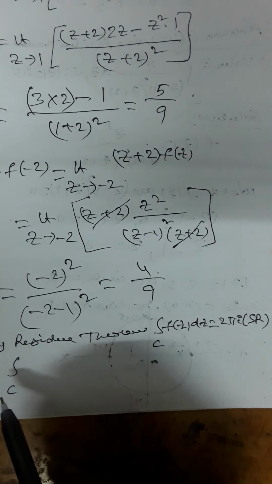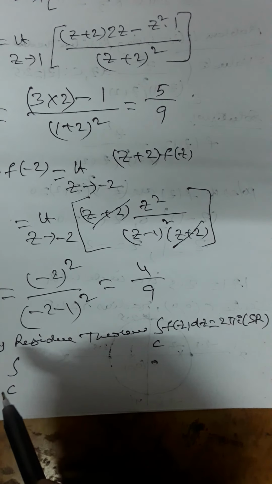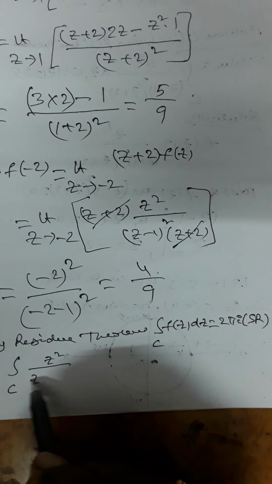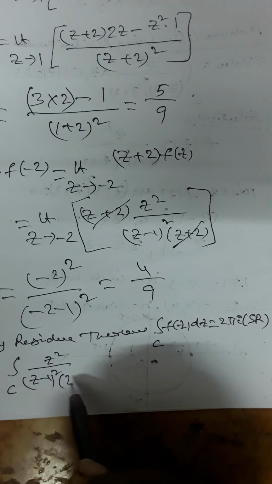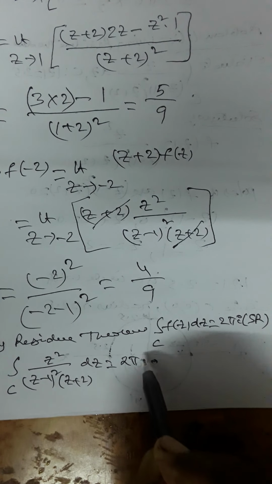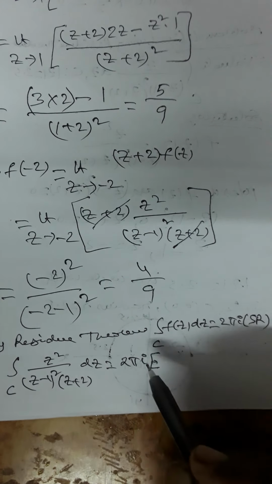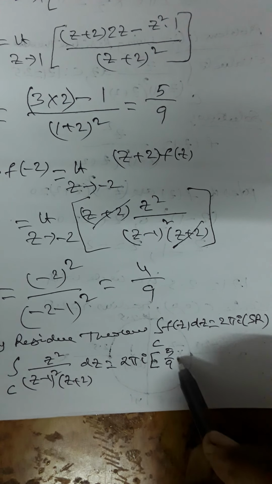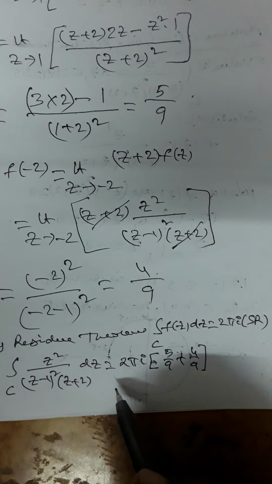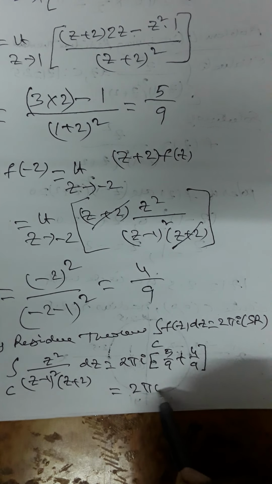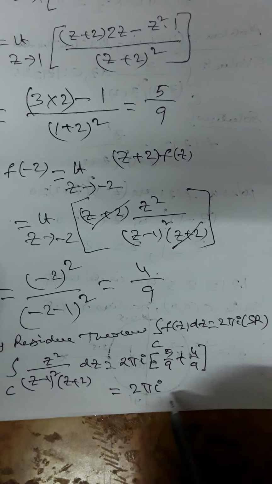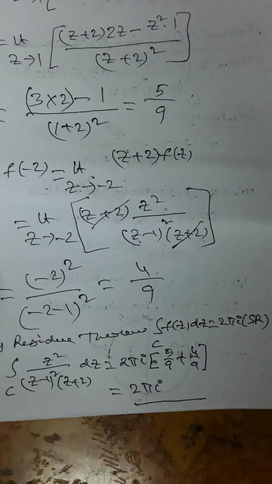The integral over C of z square by (z minus 1) whole square into (z plus 2) dz is equal to 2 pi i into the sum of the residues, 5 by 9 plus 4 by 9, which is 2 pi i into 9 by 9, that is 1. So we get 2 pi i. This is your answer.